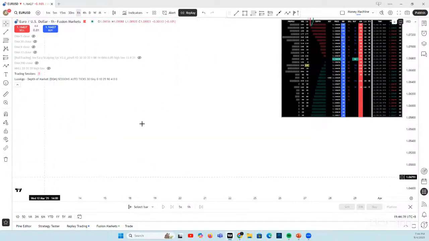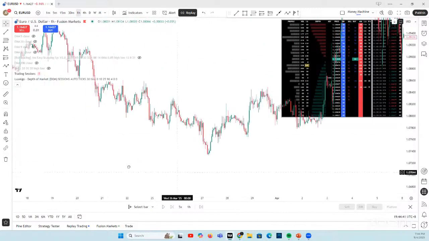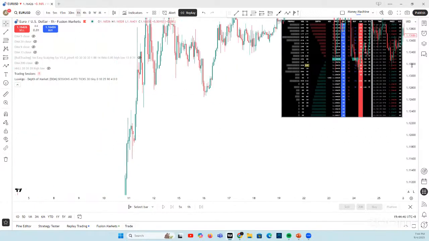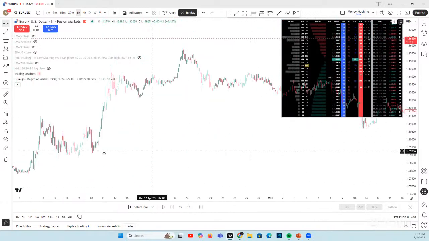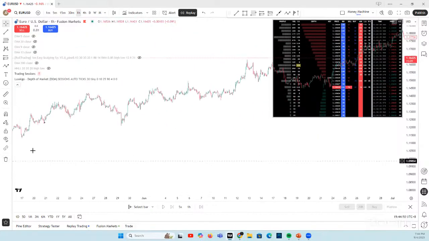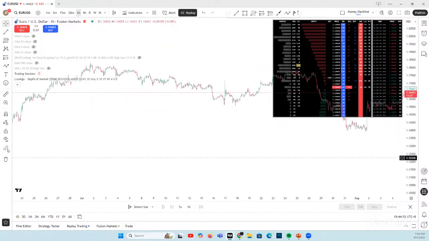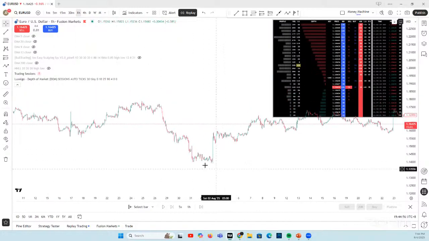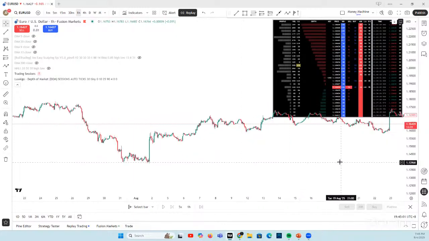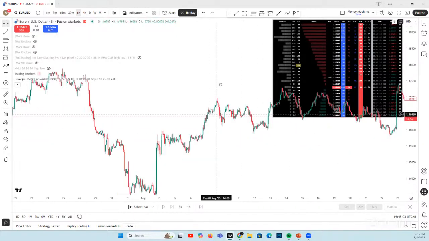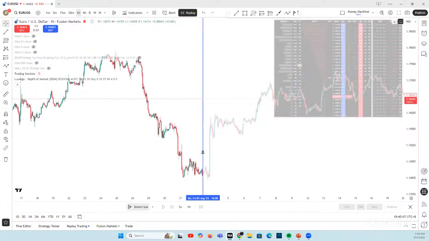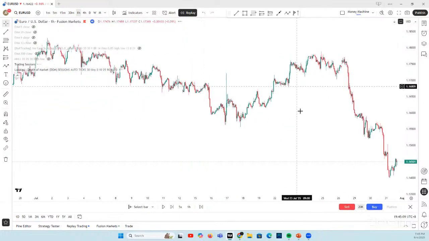Is it too far now? Yeah, let's check. Okay, for example, this one, typical price action.